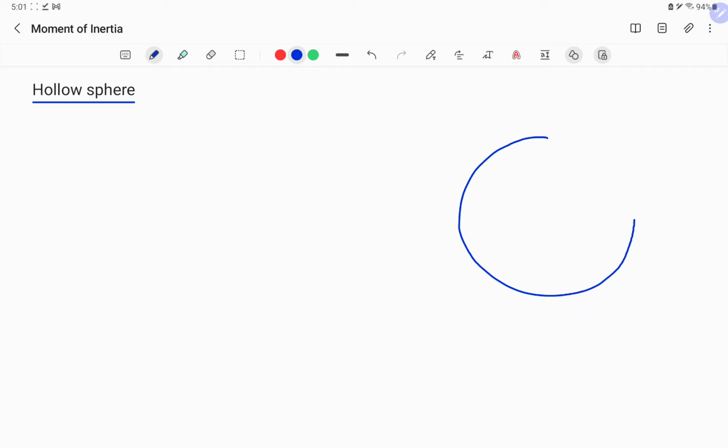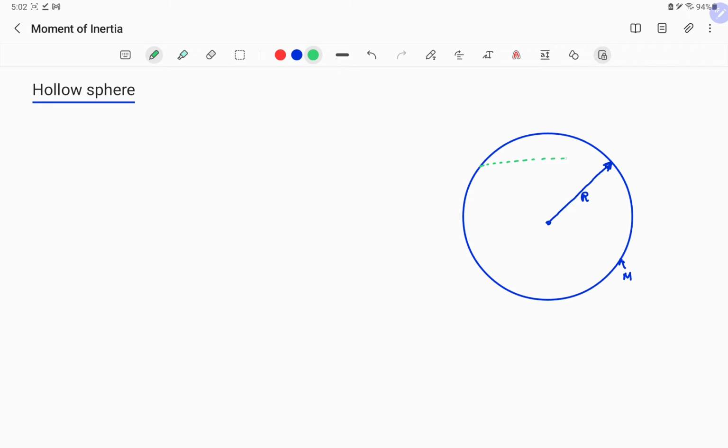Suppose this is the hollow sphere which has the mass m and its radius is r. And the elementary ring is drawn here.